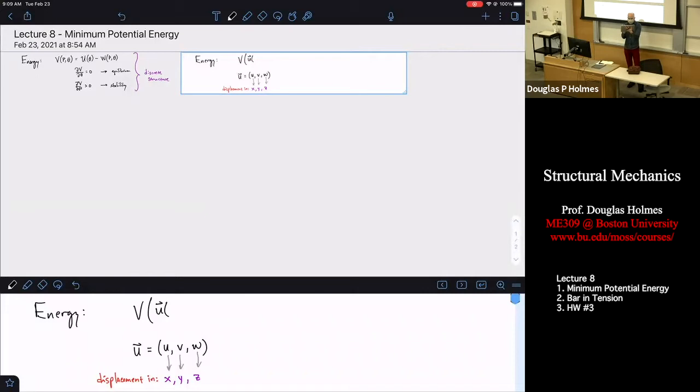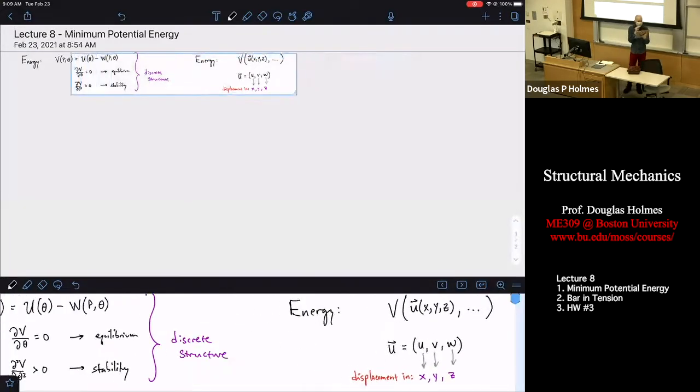This depends on x, y, and z. And it might also depend on your load. That load could be applied at different places. We don't have to care about that for right now, because this is enough to make the problem complicated. So here you can see the difference.